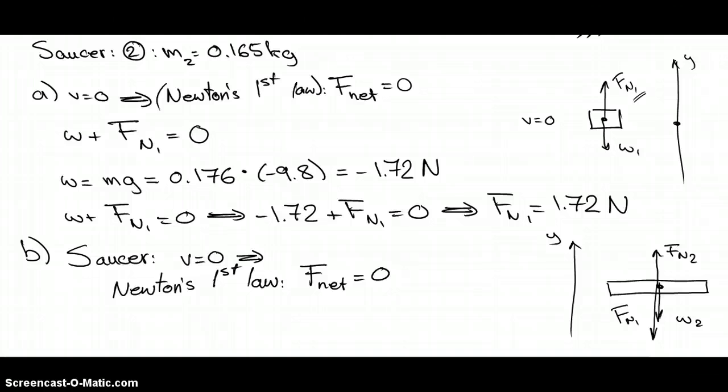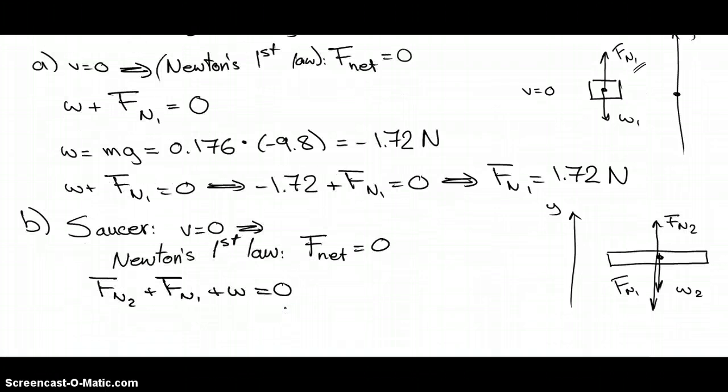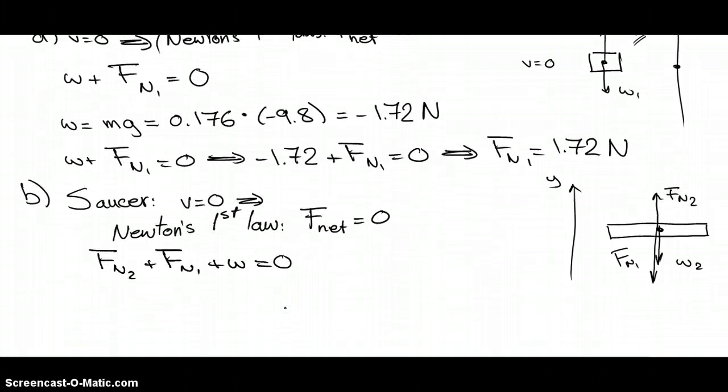Let's substitute. So the forces that we have are Fn2 and Fn1 and W. That's all. So these forces are equal to 0. Let's substitute. Fn2, I don't know it. That's what I'm trying to find, so I keep it as a variable. Fn1. Okay, what is Fn1?